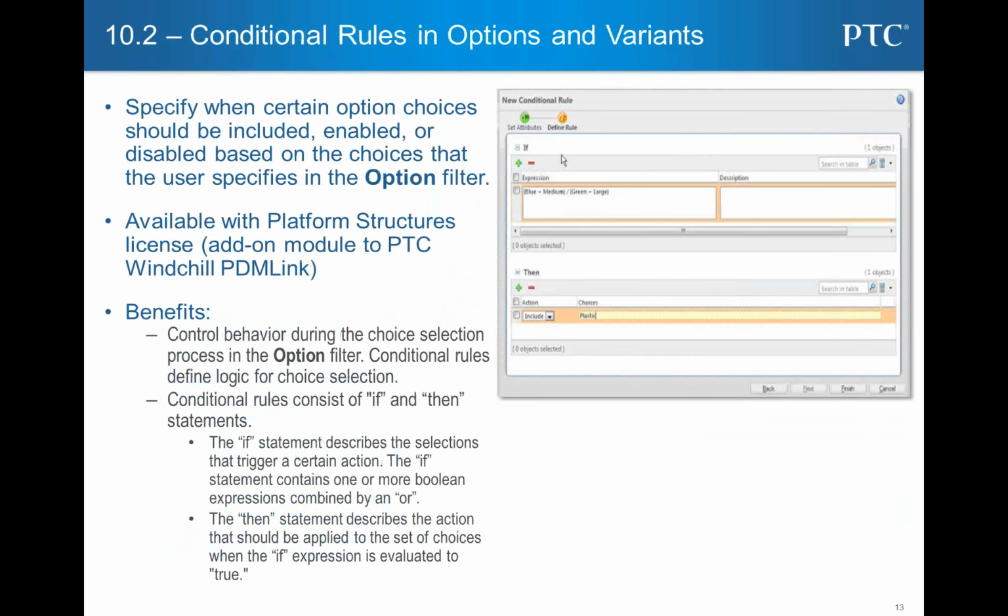For those who have optional products or have different variations of products, we have a new module that's available as an add-on to PDM Link, where you can now support conditional rules.